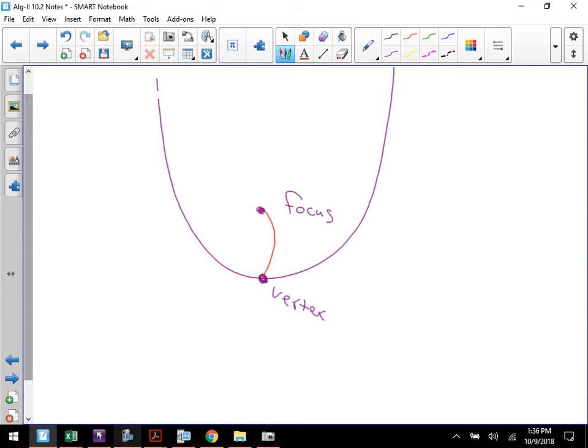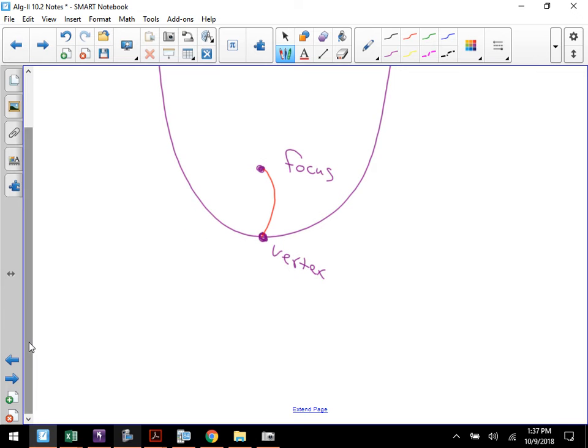There's this distance from a vertex to a focus. And then behind the vertex, there will be the exact same distance to what's called a directrix.